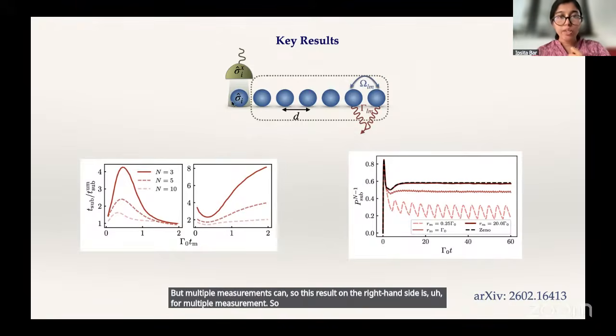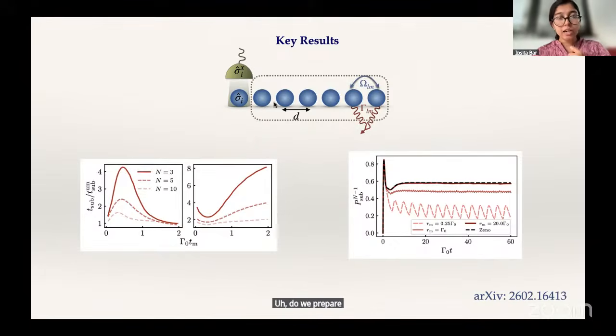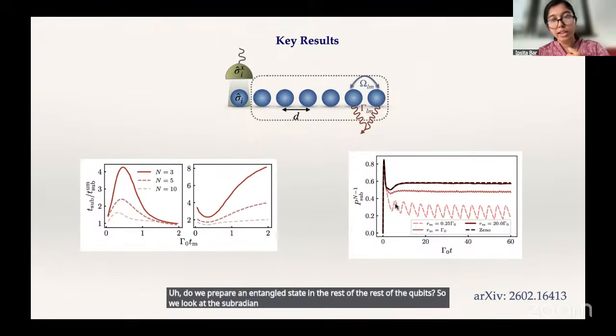So what we do here is we keep measuring one of the qubits, and since this is perturbed many times, we ask the question, do we prepare an entangled state in the rest of the qubits? So we look at the subradiant population of the other n-1 qubits, and what we see is it does go to a subradiant state in 60% of the trajectories.